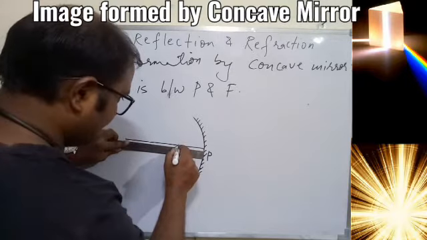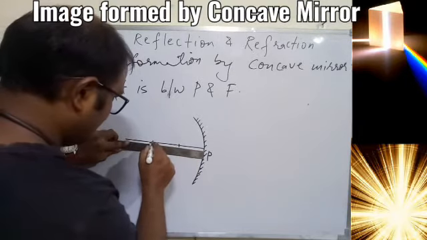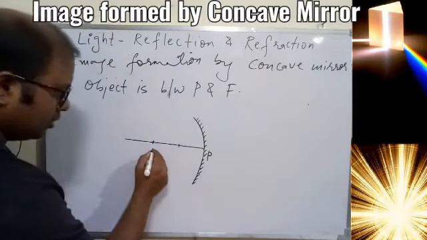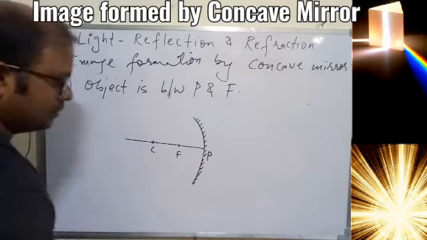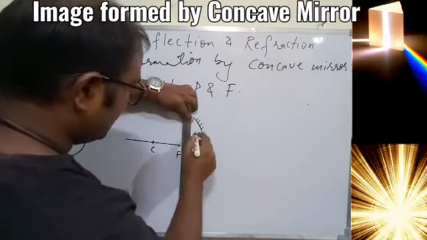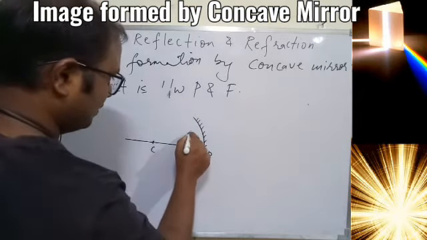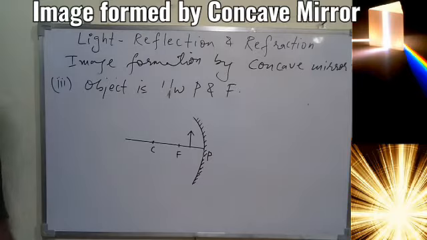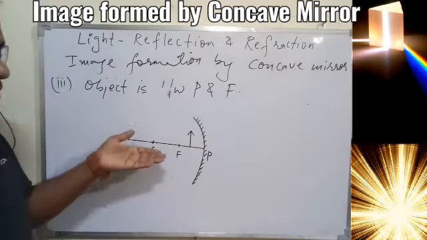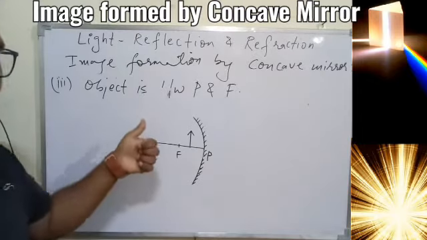So this is case 3. Again this is your C and F, and according to the condition the object has to be placed somewhere here. One thing you have to remember, all the time the object has to be placed above the principal axis, and that should be upright.